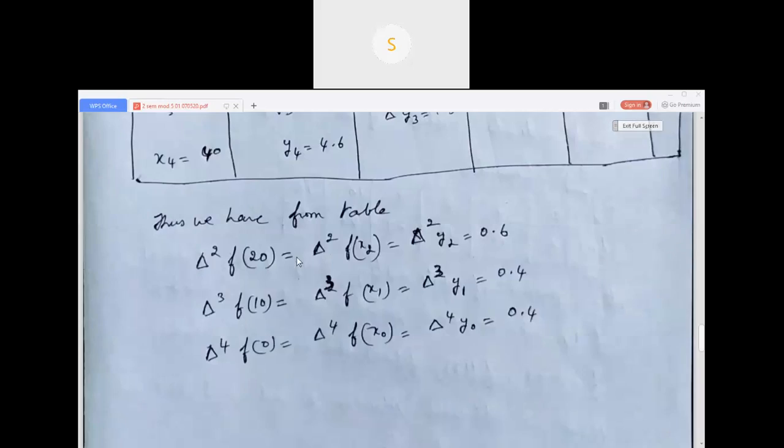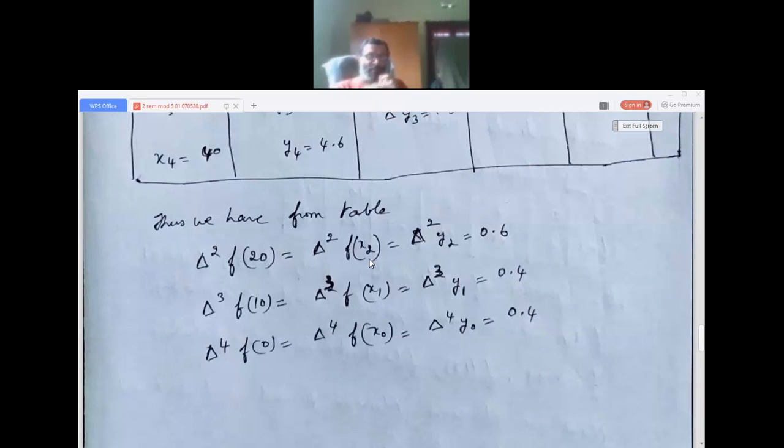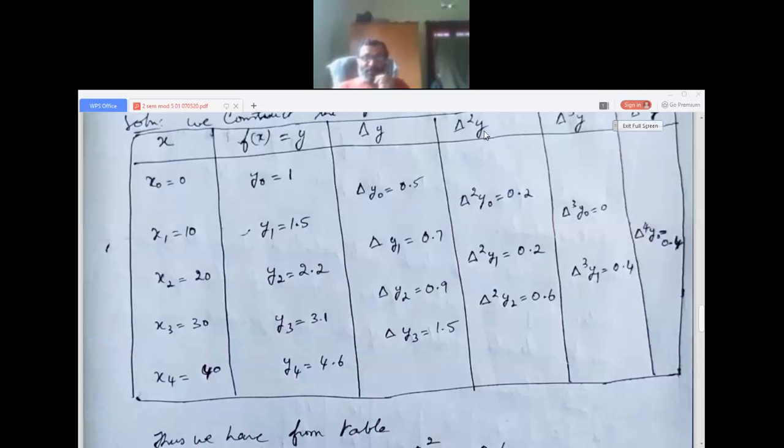So del squared f of x2. As I told in the beginning of this session, f of x1 is y1, f of x2 is y2, f of x3 is y3, so del squared f of x2 is del squared y2, and searching the table, del squared y2 is 0.6.